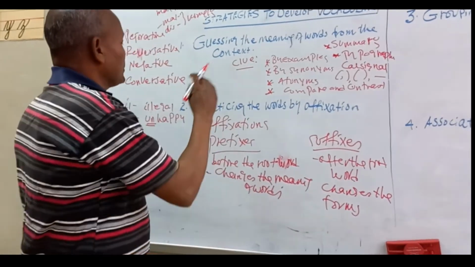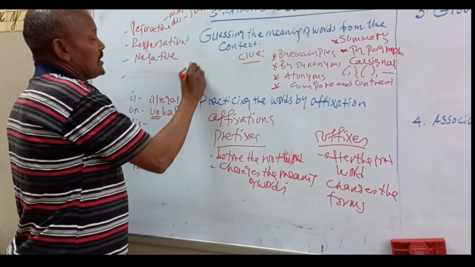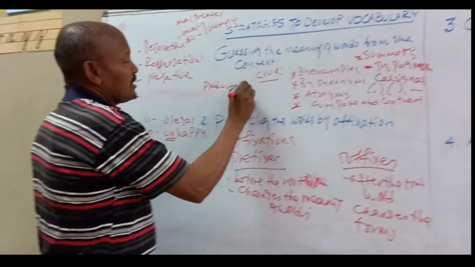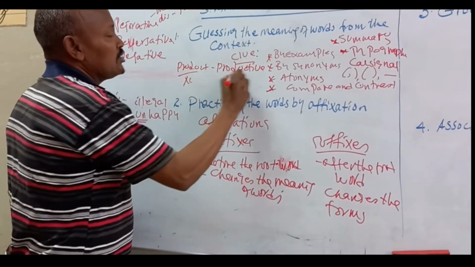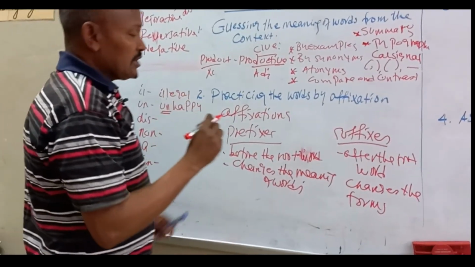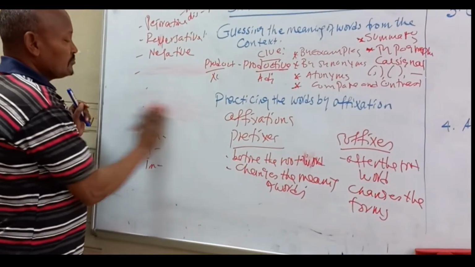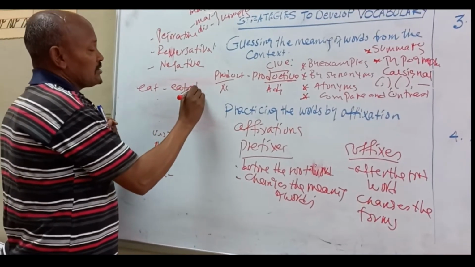For example, product: I can add a suffix to make productive. Product is a noun, and productive changes into an adjective. Another one, eat, which is a verb; eatable, which is an adjective.